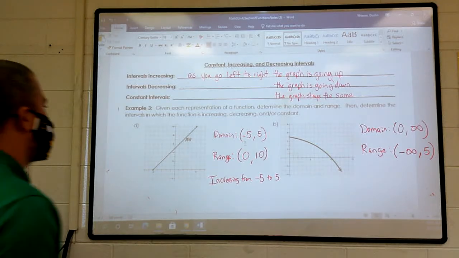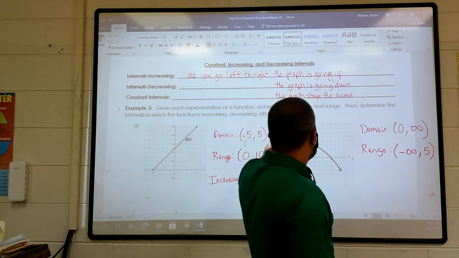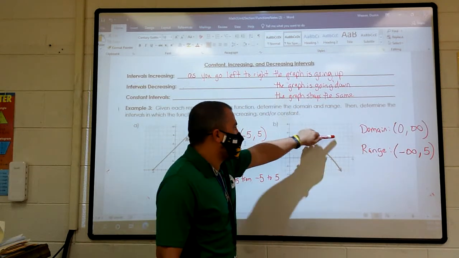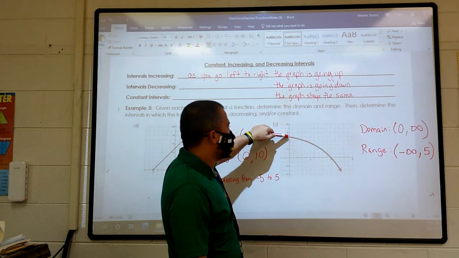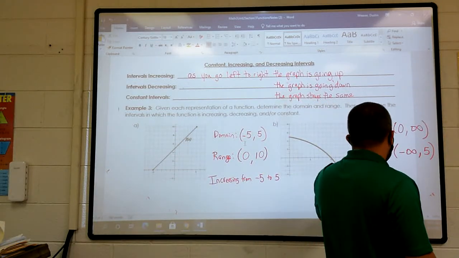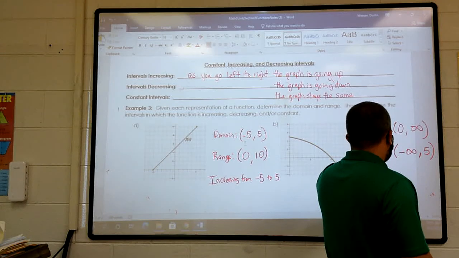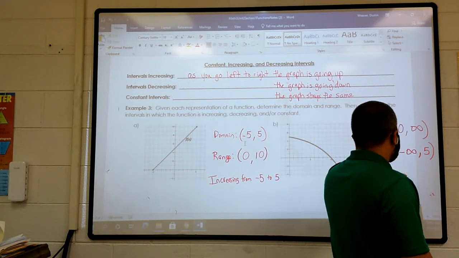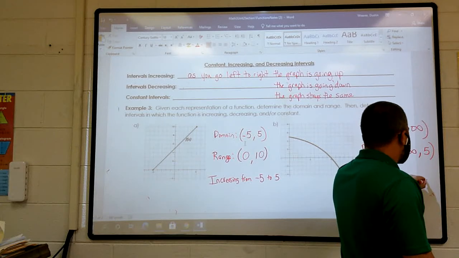Way off the graph. So now we see, reading this from left to right, it's never increasing, it's never staying the same, it's always decreasing. So it is decreasing from 0 to infinity.